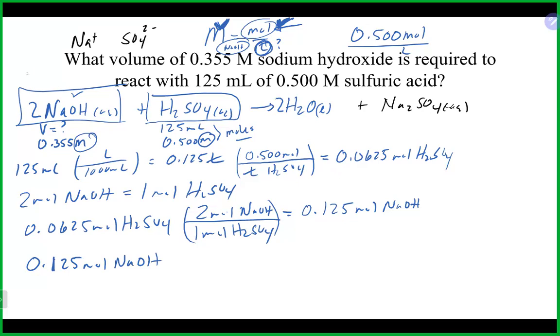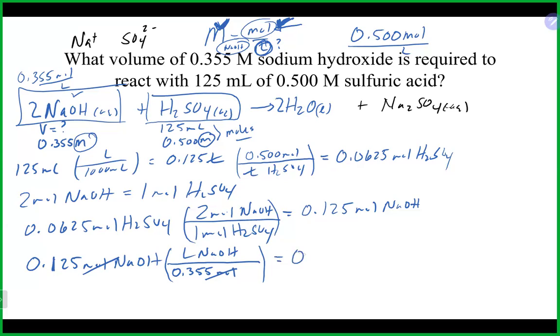Also going to get rid of the big M and use it as moles per liter, which I could use as like a conversion factor and just basically go opposites cancel. So I would need to put the moles on the bottom here so that they do cancel. Liters of sodium hydroxide up on top, basically dividing. You don't have to worry about the math part of it if you just do it this way because it will do it for you. And now we can get 0.125 divided by 0.355.